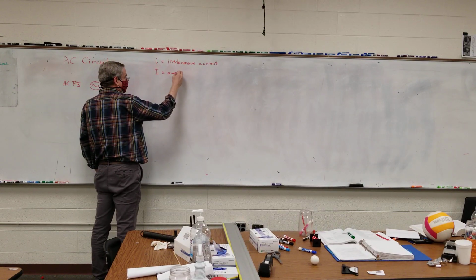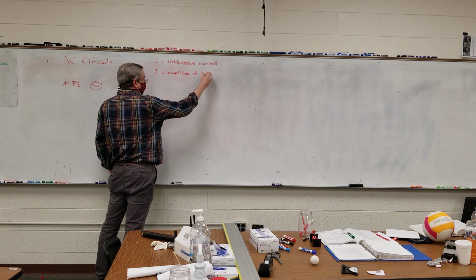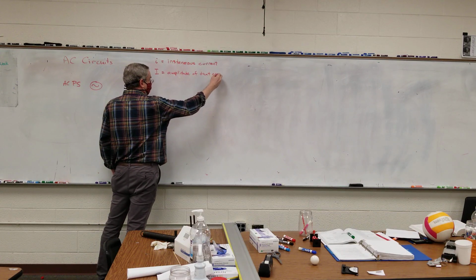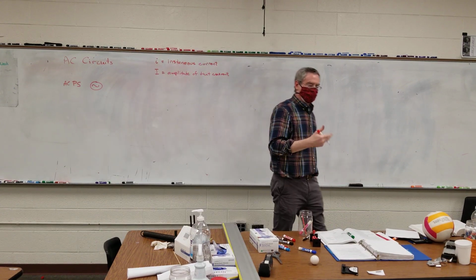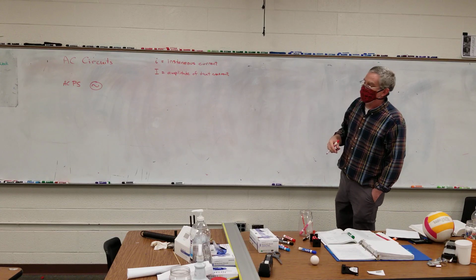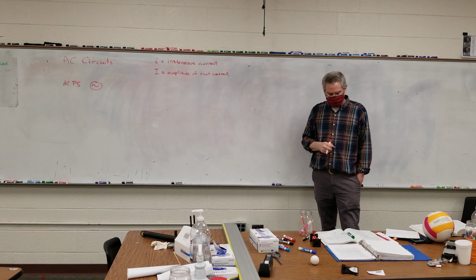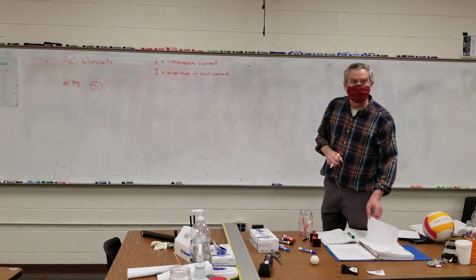Capital I is the amplitude of that current. And the same with little v, capital V, and little q and capital Q. Okay, little i is the instantaneous current, you said?